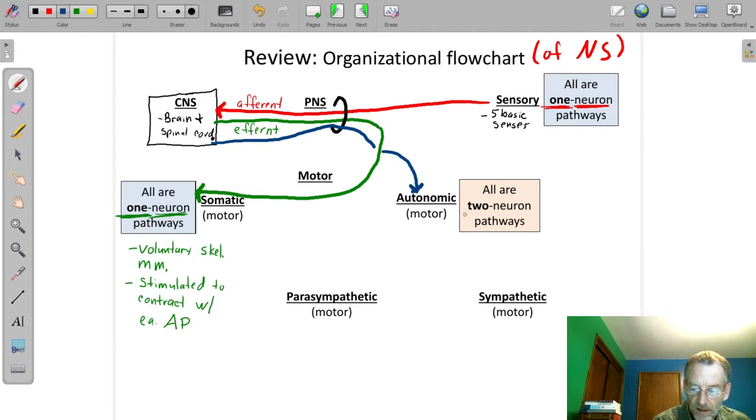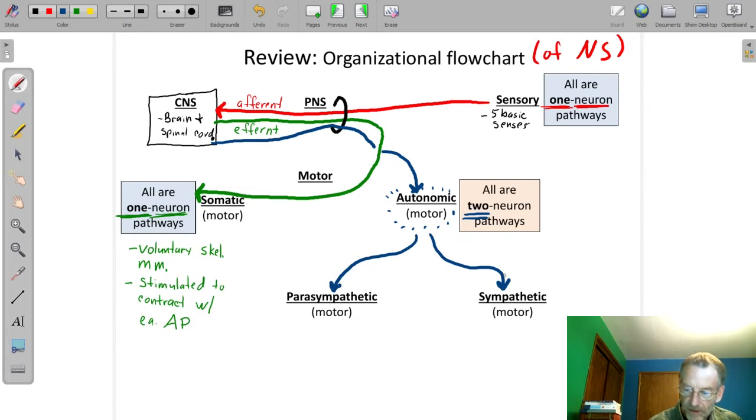And these are all two neuron pathways, all autonomic. And autonomic is going to include both the parasympathetic and the sympathetic that we'll get to. So the second neuron goes to here or goes to there.